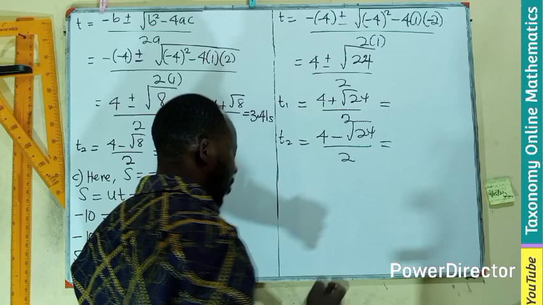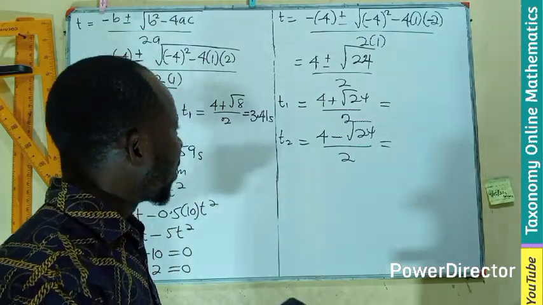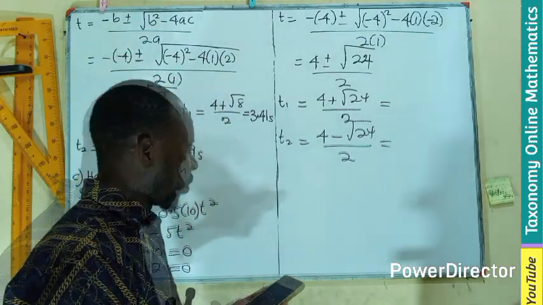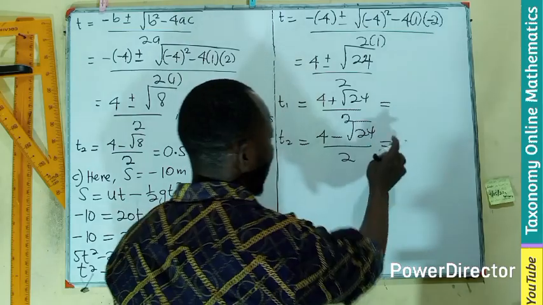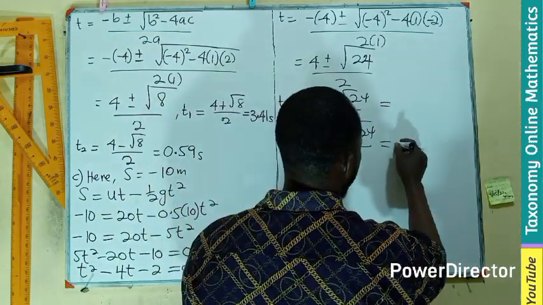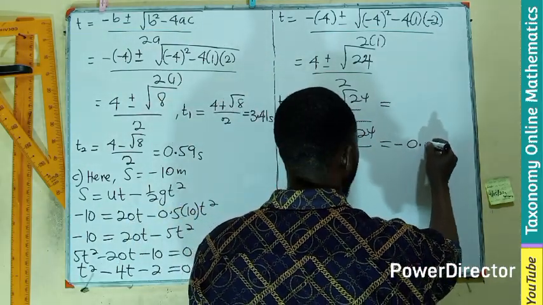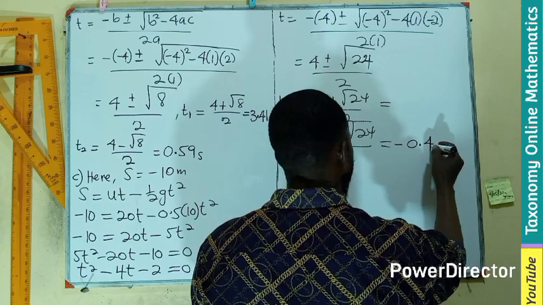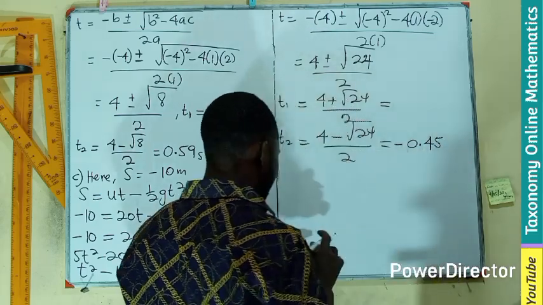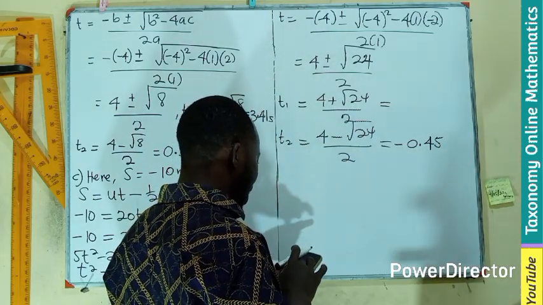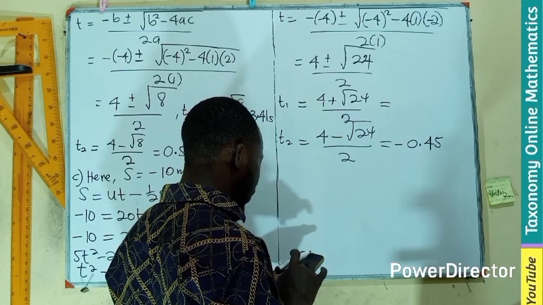Let's see what these values will be in decimal. So the second time here will be giving you negative 0.449, so 45. Then let's check when we have the positive value.